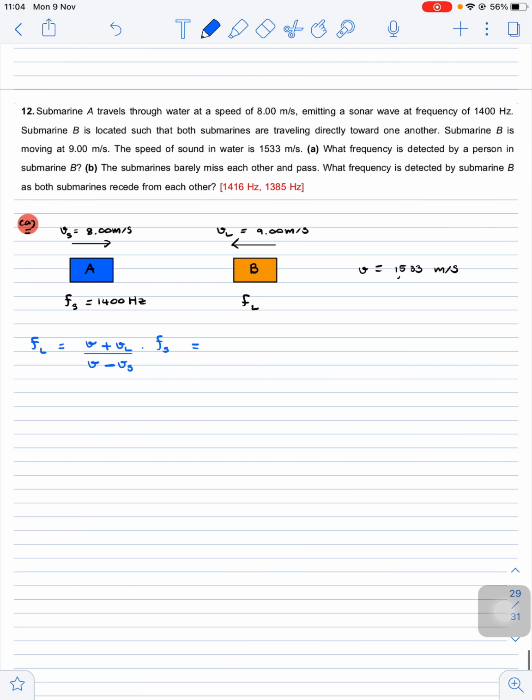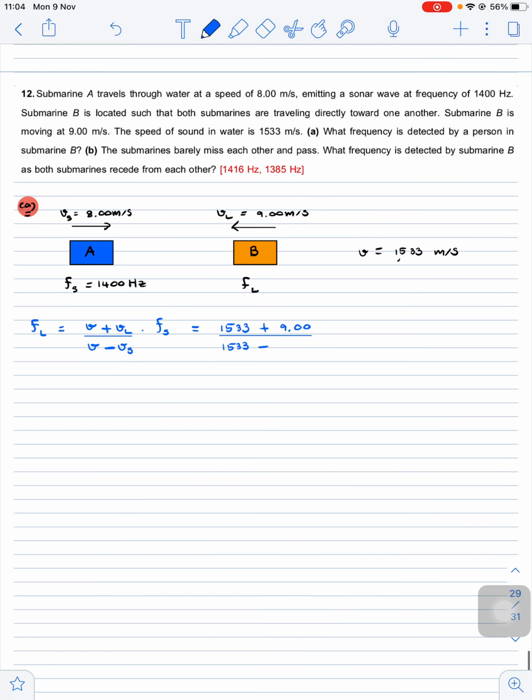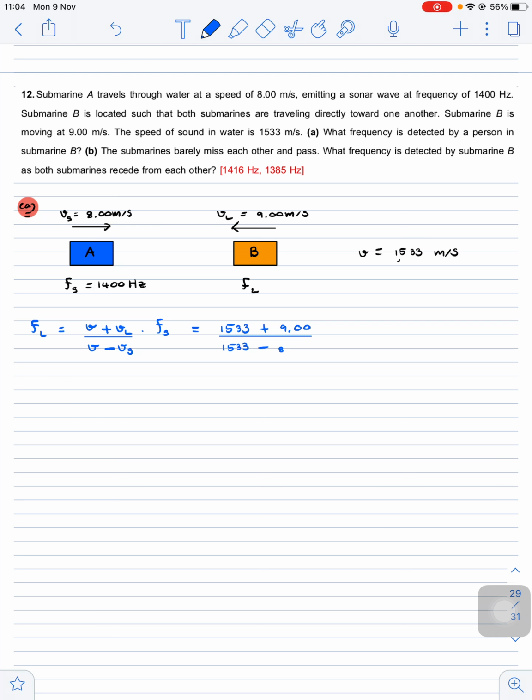FL equals 1533 plus VL, which is 9.00 meters per second, over 1533 minus VS, which is 8.00, times FS, 1400.